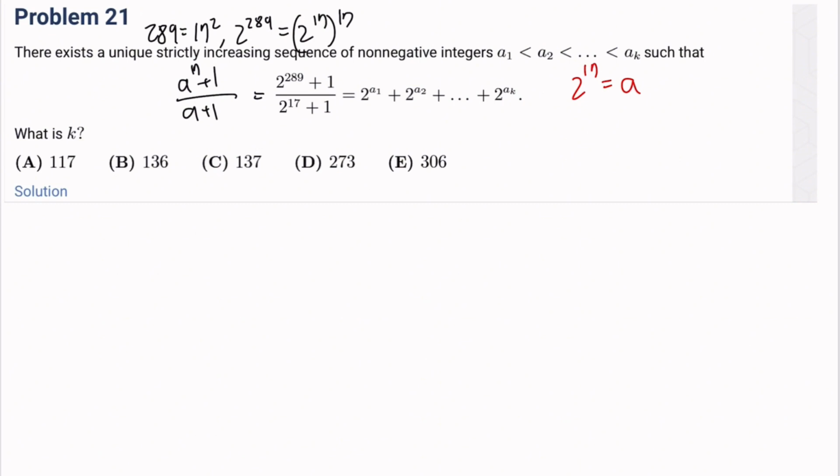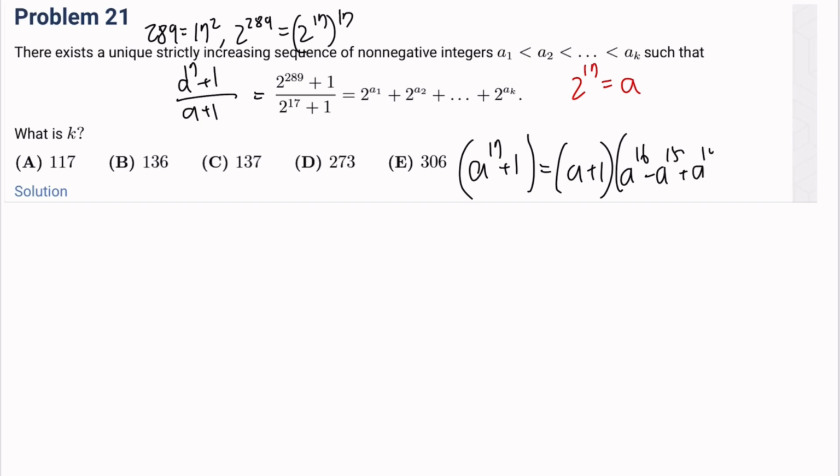Since a to the 17th power plus 1 equals (a plus 1) times (a to the 16 minus a to the 15 plus a to the 14 minus a to the 13, and so all the way alternating until plus a squared minus a plus 1), like that, right?